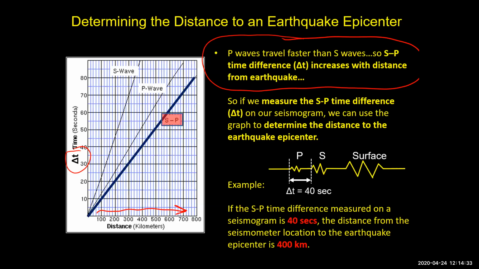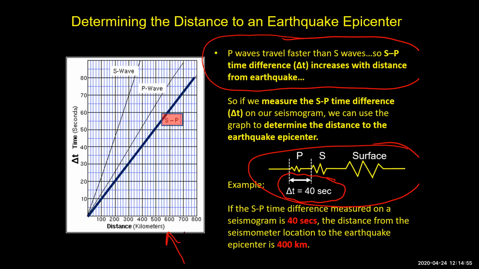So in this example, I have my seismogram record, and I make a measurement on it, and it just so happens in this case that my measurement of delta T is 40 seconds. That means there's a 40-second gap in time between the arrival of the first P waves and the first S waves. So I go over to my graph over here, and I find my delta T of 40 seconds.